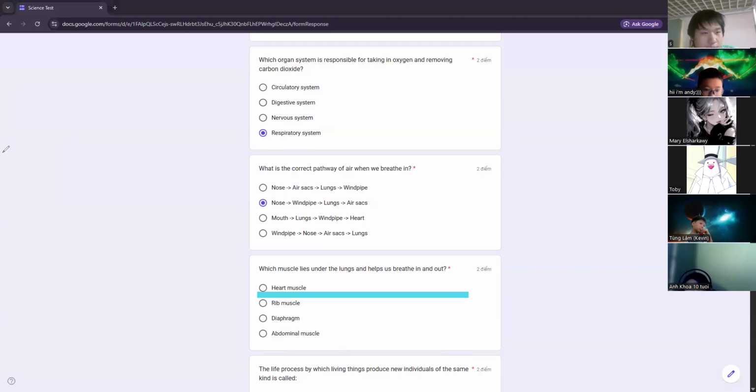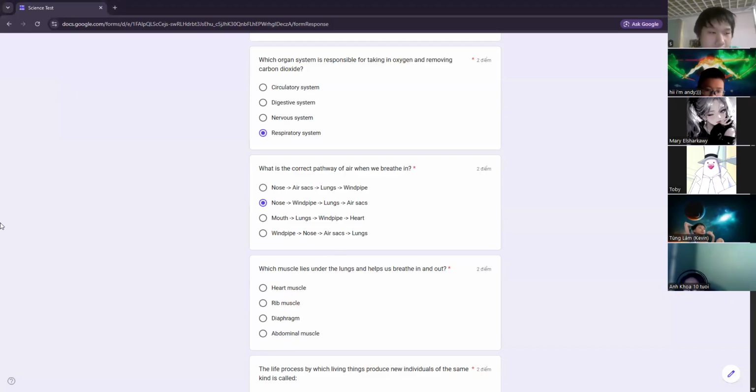Now, let me explain why all the other choices are wrong. The abdominal muscle is the muscle around your belly, okay? That is not under the lungs, so that option is wrong. The rib muscle: the ribs are a set of bones, they cannot be a muscle. And also, the ribs are generally above the lungs. The heart is between the lungs, not under the lungs.